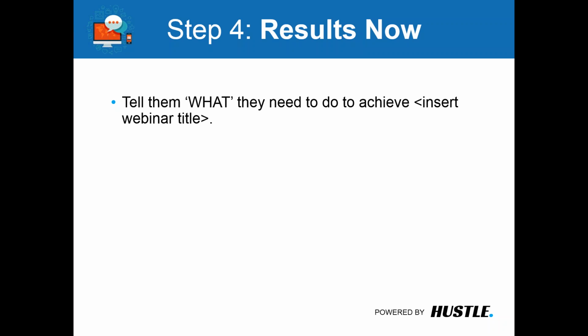You would tell them the steps that they need to take to be able to do that. Make it a 3, 5, or 7-step process. I'm not sure if you know this, but if you've been in the internet space for a while, you'll know that people seem to respond more to a 3, 5, or 7-step process. I don't know what it is, but it's statistically proven.